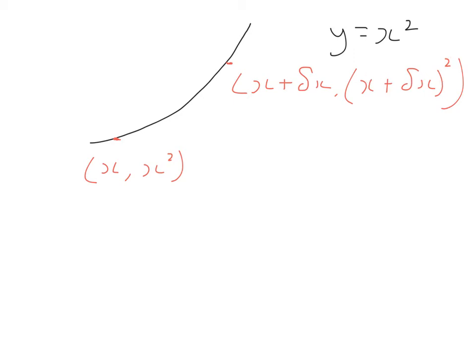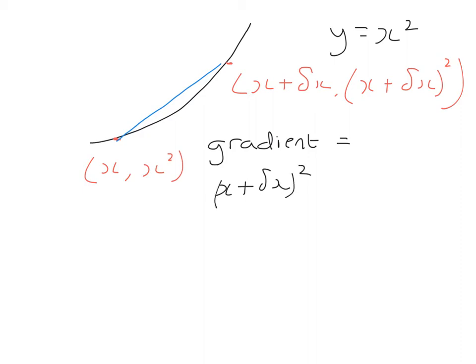So what is the gradient of that line? Well, the gradient equals the difference in the y numbers, that's x plus delta x squared minus x squared, divided by the difference in the x numbers, that's x plus delta x minus x.